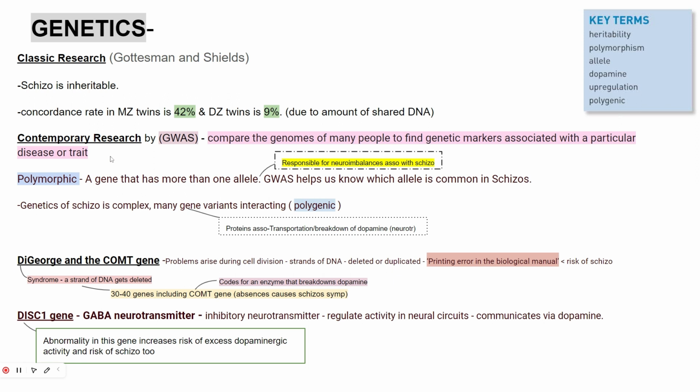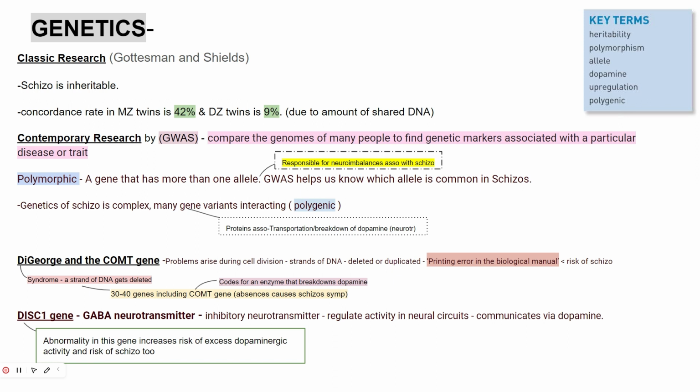There was also contemporary research. Contemporary means recently done research, and it was done using genome-wide association studies. I did not mention the spelling, but you can search it on Google. In these studies, they compare the genomes of many people to find the genetic markers associated with a particular disease. And here we are talking about schizophrenia specifically.